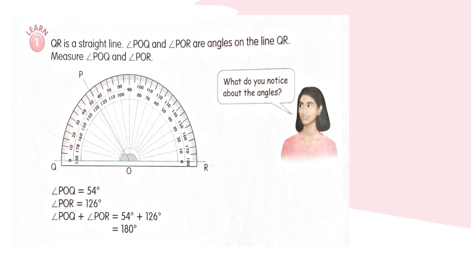Now, you're seeing a protractor here. How to use it, I will review back how to use a protractor, even though you already learned it in primary 4. Look at these angles, P, O, Q. We start with P, and then because O is in the middle, so we should write it in the middle of P and Q. Can we use it as P, Q, O?